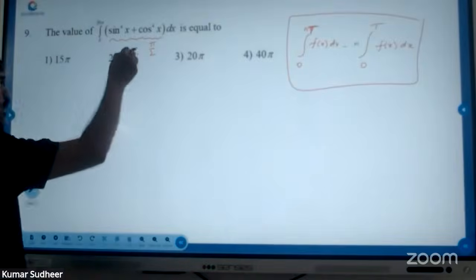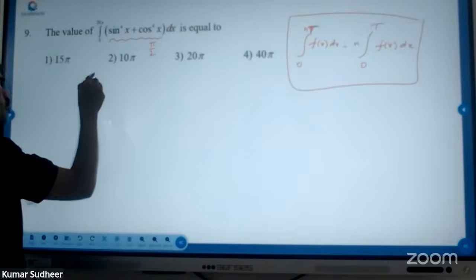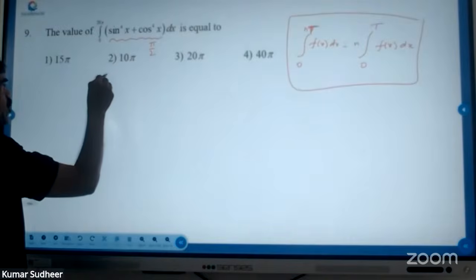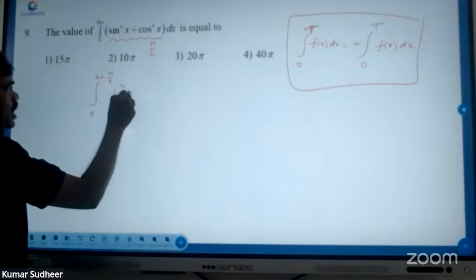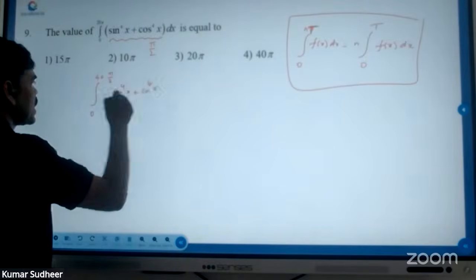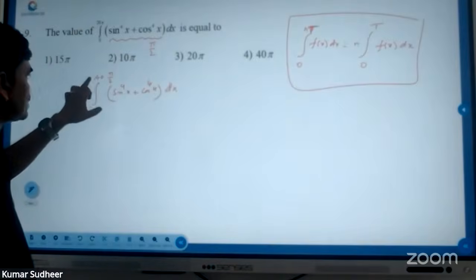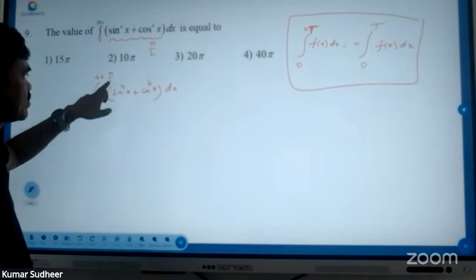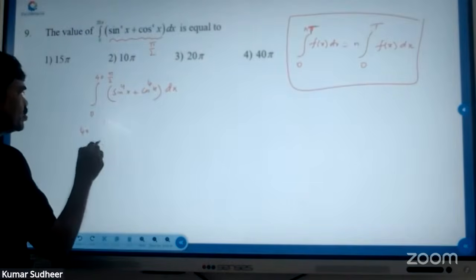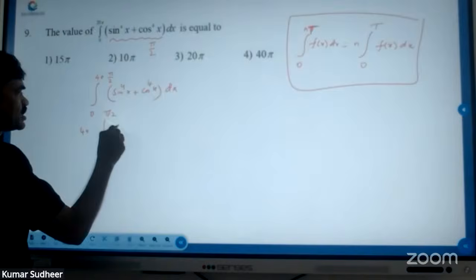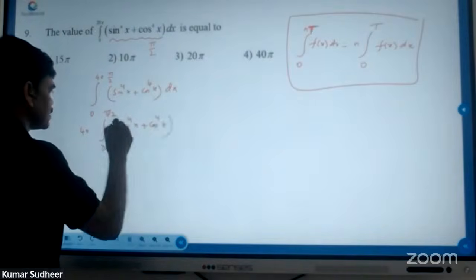So pi by 2 is the period, so I can write this as integral 0 to 50 into pi by 2, sine power 4x plus cos power 4x dx. This is T and this is n, so the formula gives 50 into integral 0 to pi by 2 sine power 4x plus cos power 4x.